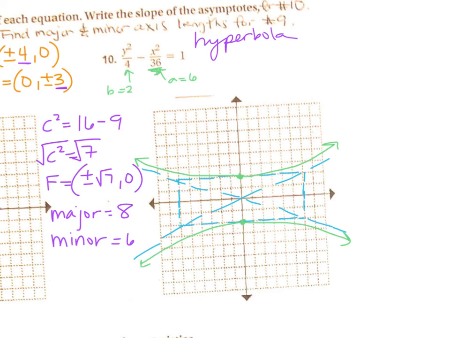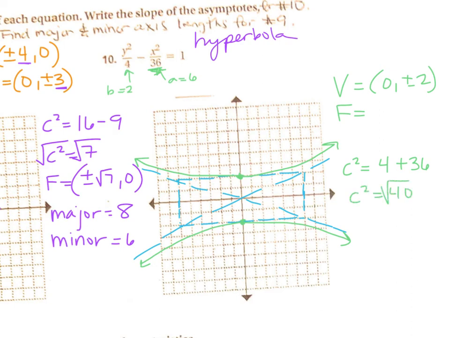So our vertices are at 0 plus or minus 2. And then our foci, for this one, it's addition, right? So c squared equals a squared plus b squared is going to be our setup. So c squared is going to equal 4 plus 36, or 36 plus 4. They're going to get you the same thing. So c squared equals 40.